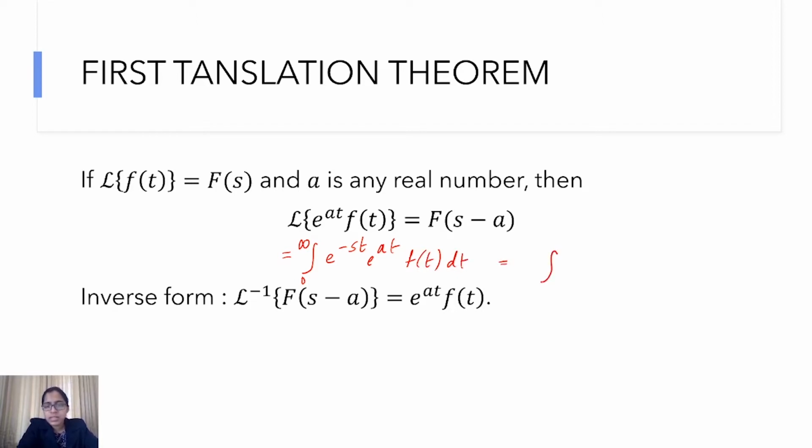Now this is nothing but the integral from 0 to infinity of e raised to minus of s minus a into t, into f of t dt, and that is our own F of s minus a. So there is not much to the proof of this theorem. This is easily attainable.